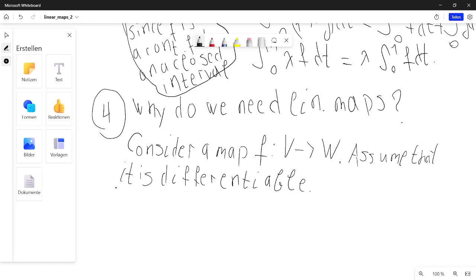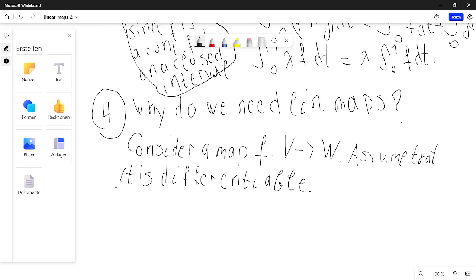But the interesting thing is the class of differentiable maps is much larger than the class of linear maps, as you already know in the simple setting of the maps from R to R. But this also holds generally: the wealth of the maps that can be differentiated is much larger.